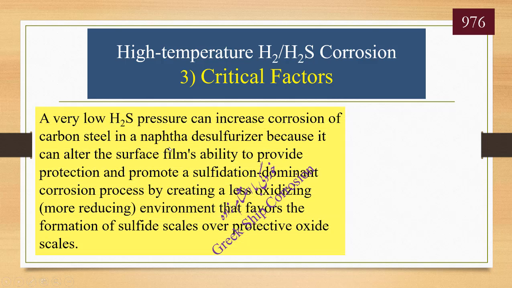A very low H2S pressure can increase corrosion of carbon steel in a naphtha desulfurizer because it can alter the surface film's ability to provide protection and promote a sulfidation dominant corrosion process by creating a less oxidizing, more reducing environment that favors the formation of sulfide scales over protective oxide scales.